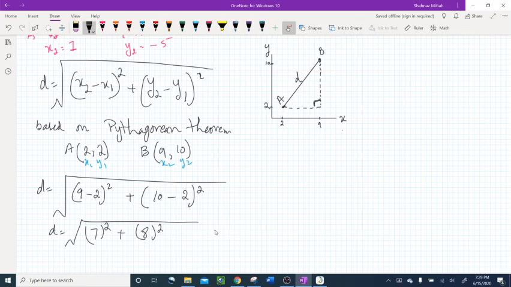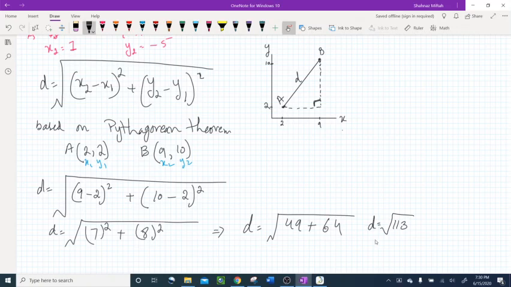Okay, let's go to the next step. d is equal to, again the square root stays, 7 times 7 is 49, 8 times 8 is 64. So let's add them together. I have 49 plus 64, and I'm using a calculator. I got 113 in the square root.